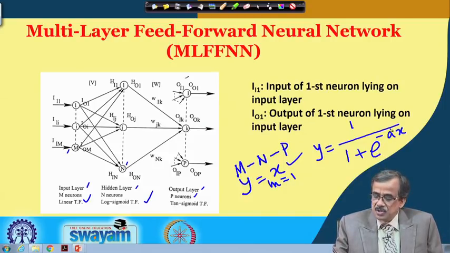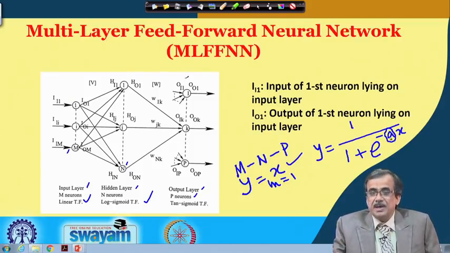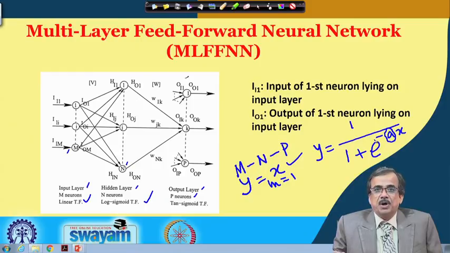Now, this particular a is the coefficient which is going to decide the slope of the curve. I have already mentioned that the higher the value of a, the steeper will be the curve and vice versa. So, this is the log sigmoid transfer function, and the output varies from 0 to 1.